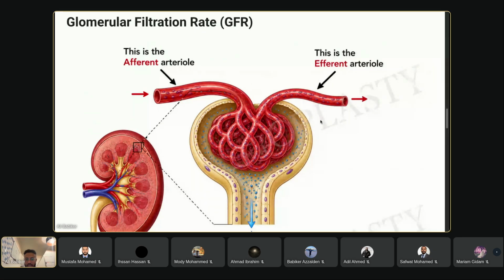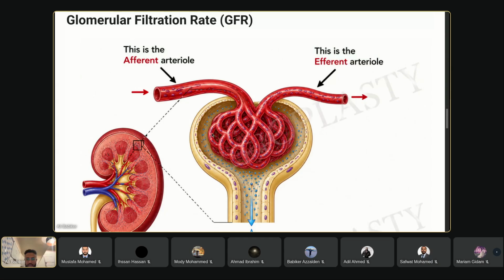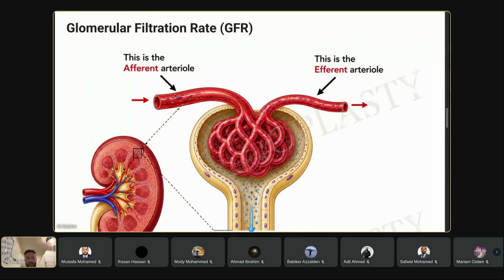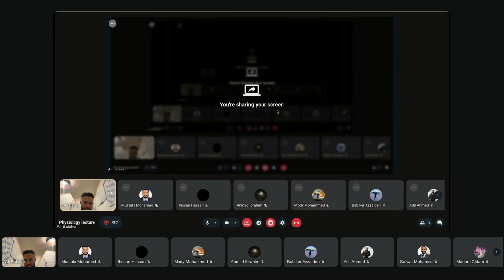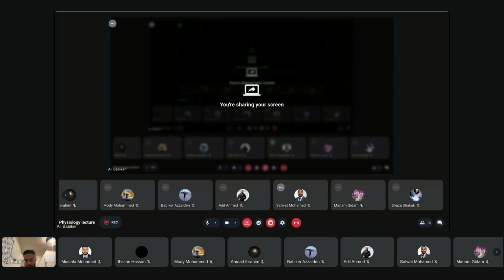That will give you an estimation of the amount of blood coming from here and left through here, because every molecule coming from here will be filtered or secreted and not reabsorbed. That's why we use it to measure the renal blood flow. Is the idea clear for you guys?